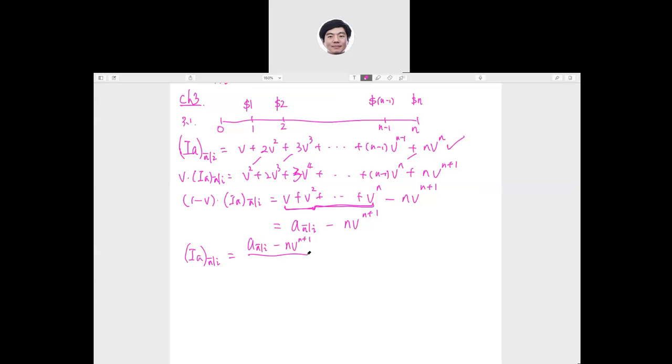So 1 minus v, what is 1 minus v? 1 minus v is i divided by 1 plus i, because 1 minus v is actually d, right? Or you can just apply the definition.